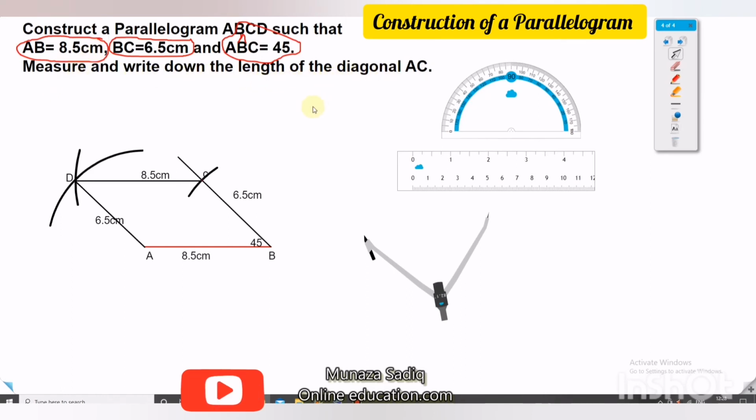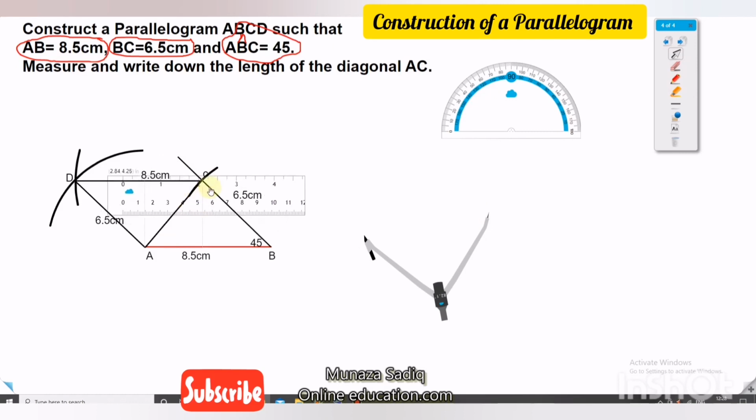Measure and write down the length of the diagonal AC. This point is A and this point is C. We need to measure the length of AC. Draw a line and use the scale to measure the length.